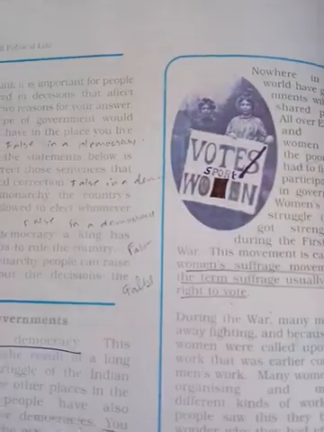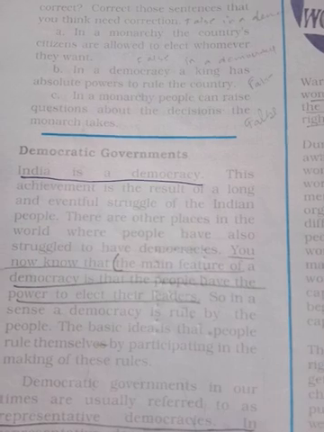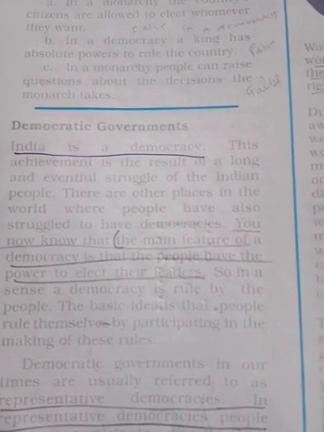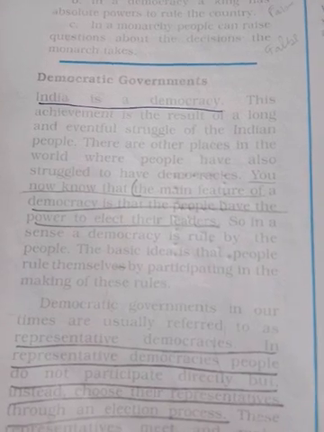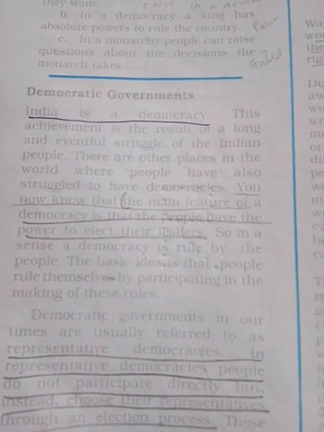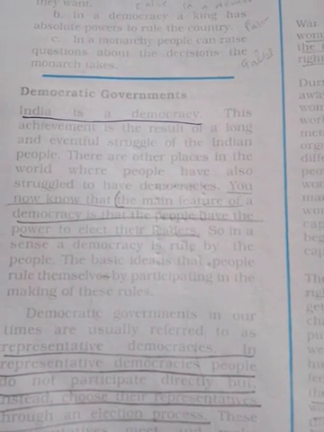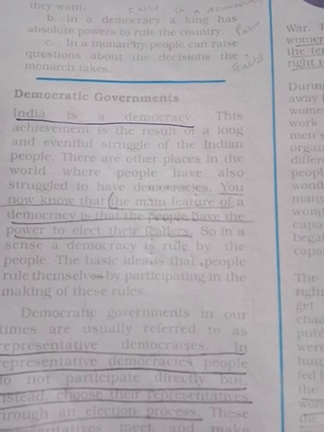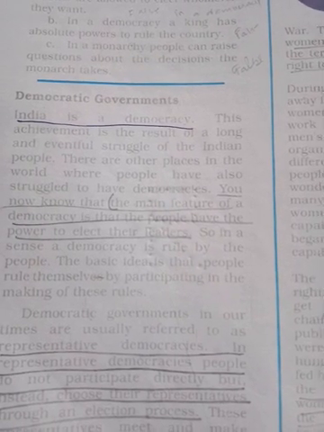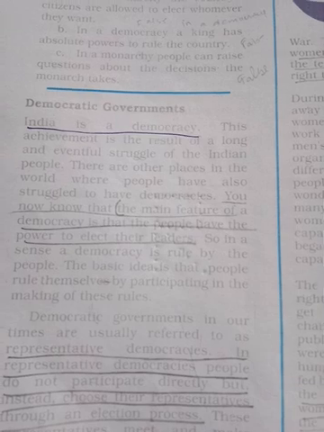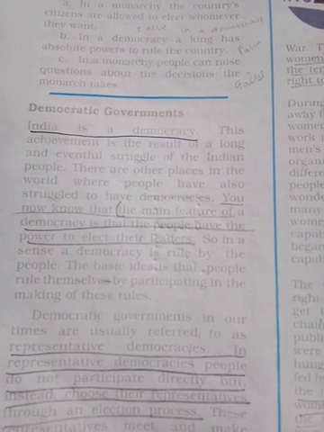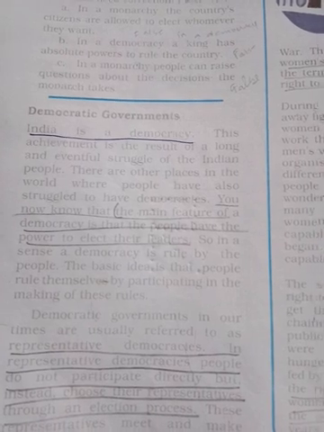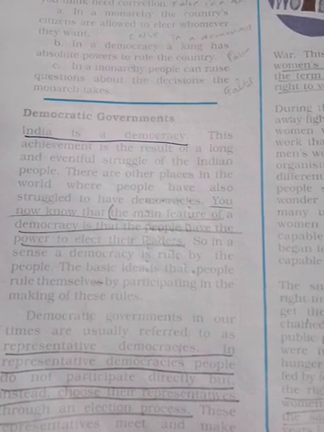Okay, let us see democratic government. India is a democracy. We already know that India is a democracy. This was achieved as a result of a long and eventful struggle of the Indian people. There are other places in the world where people have also struggled to have democracy.